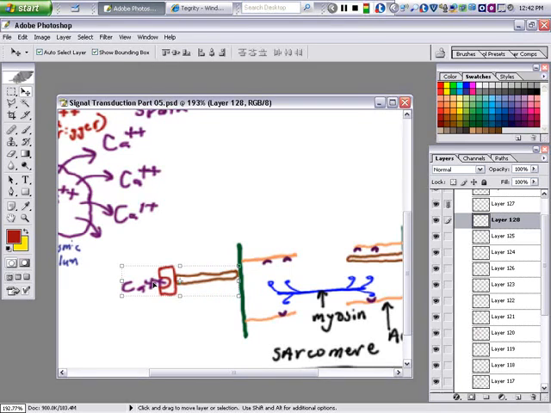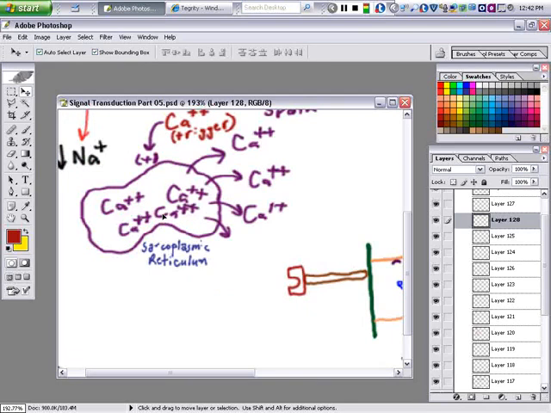Now it's time for your heart to relax. Now the calcium is going to go back into its reservoir here, and now this protein is going to go and cover the actin back up. And so this has to happen 60 times every second. Calcium coming out, binding to the protein, moving it out the way, actin binding, pulling it in.